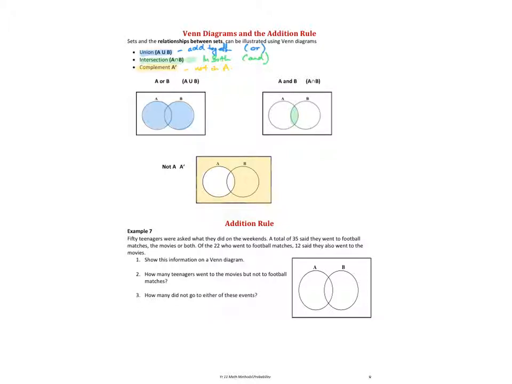So let's have a look at this example. We've got 50 teenagers. They're asked what they did on weekends. A total of 35 said they went to the football matches, the movies, or both. So we'll call A the football.